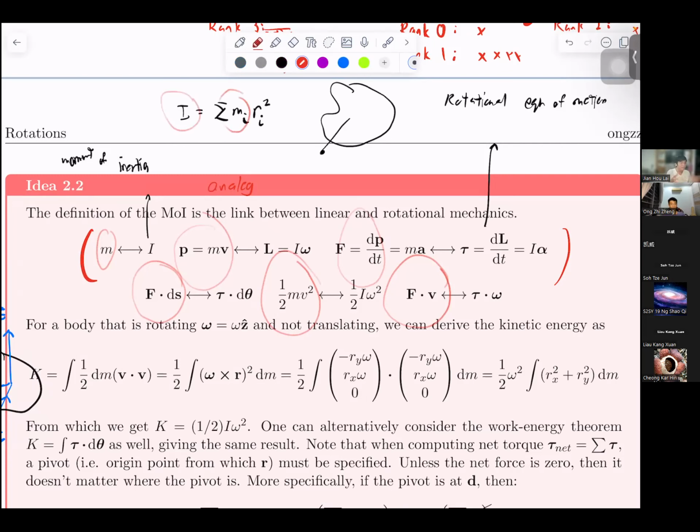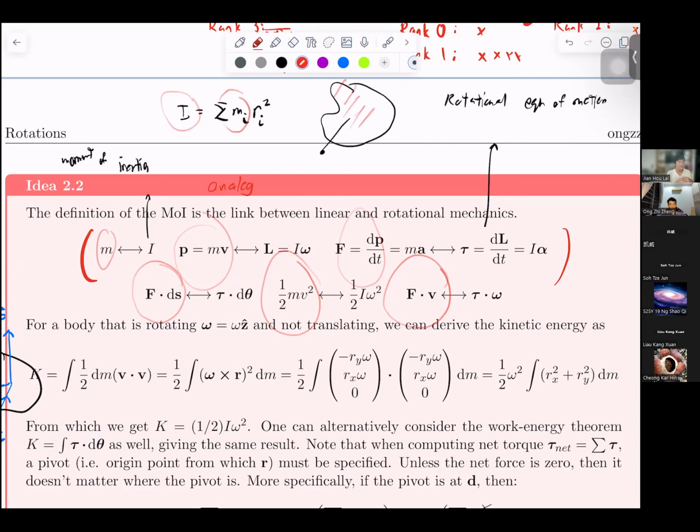Let's say you have a bigger mass, the moment of inertia is bigger. So if you want to change the rotation and you have a bigger mass distribution in the rigid body, then it is harder to rotate the rigid body.